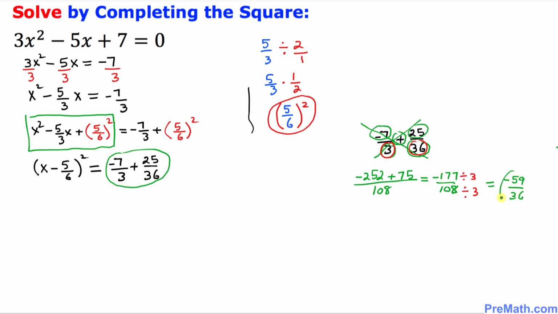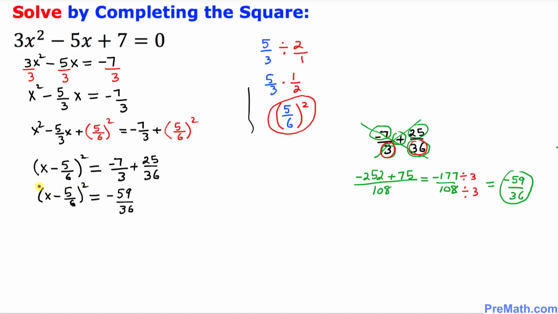All right, so this is our reduced fraction. Now let's focus on the left hand side: x minus 5 over 6 squared equals this one. We added these fractions, and here we got negative 59 over 36 as our reduced form.